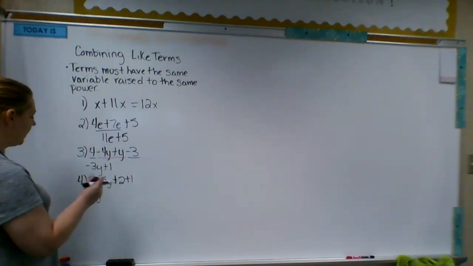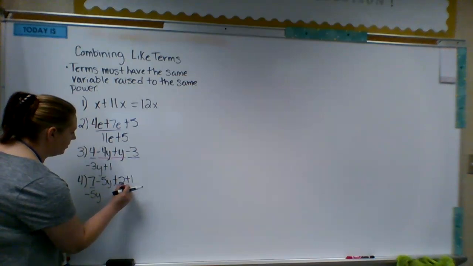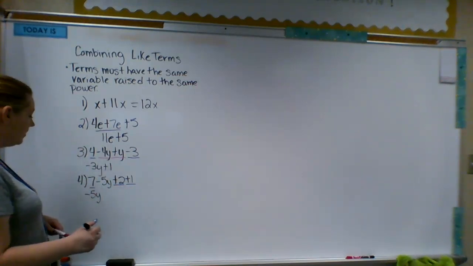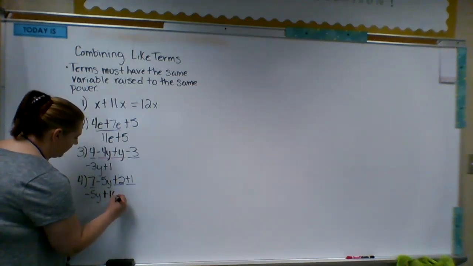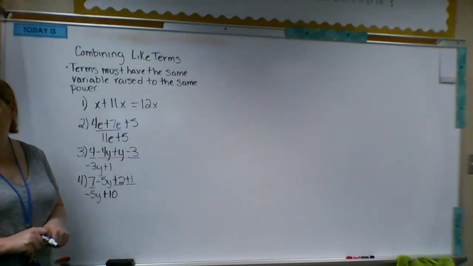And then I have 7 plus 2 plus 1. So 7 plus 2 would be 9, plus 1 would be 10. So negative 5y plus 10. Okay, little review on that one.